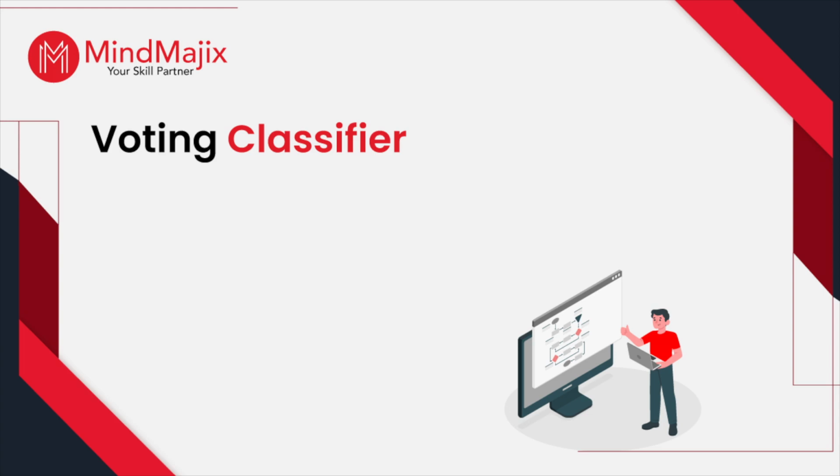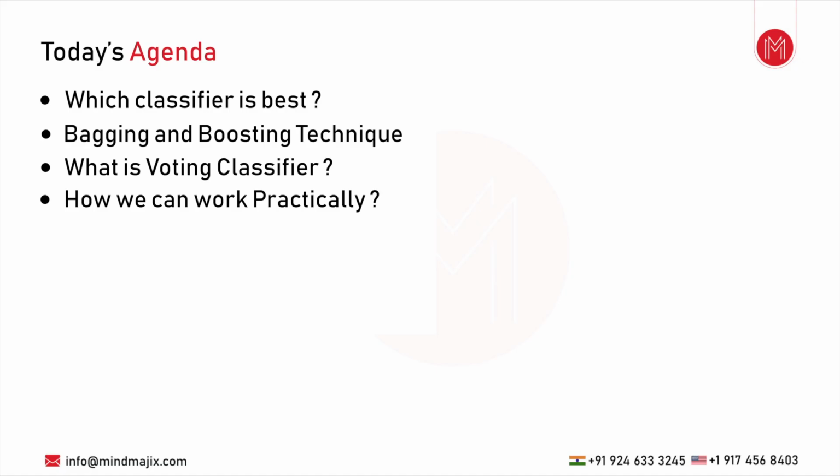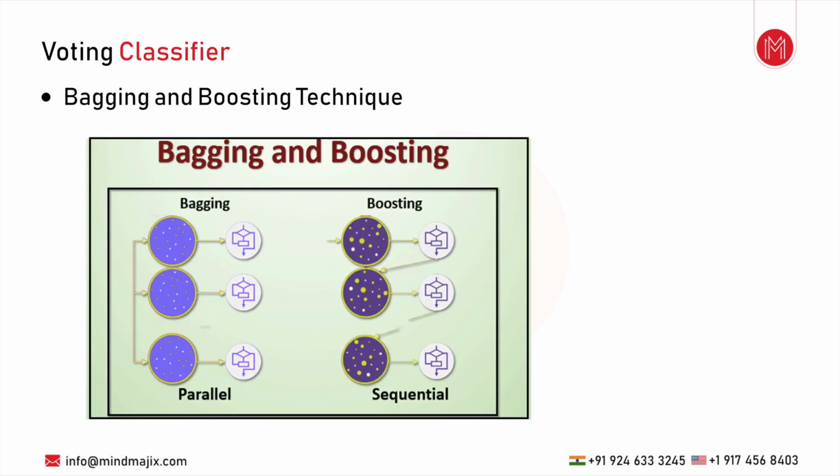Now, how does a voting classifier really work? All you need to do here is use a bagging technique. Bagging and boosting are two kinds of techniques that we can use. First, the bagging technique is what we are going to use today. That is a parallel technique.